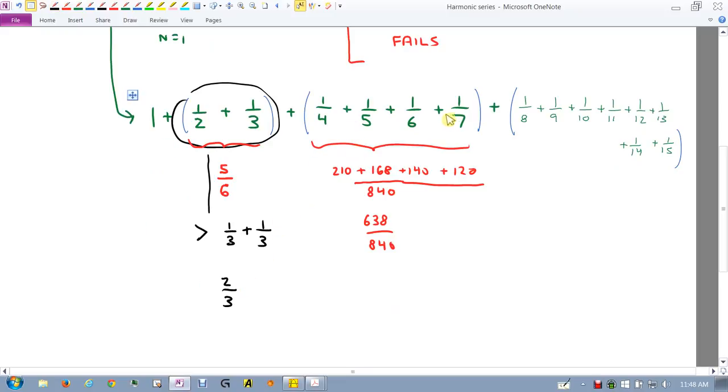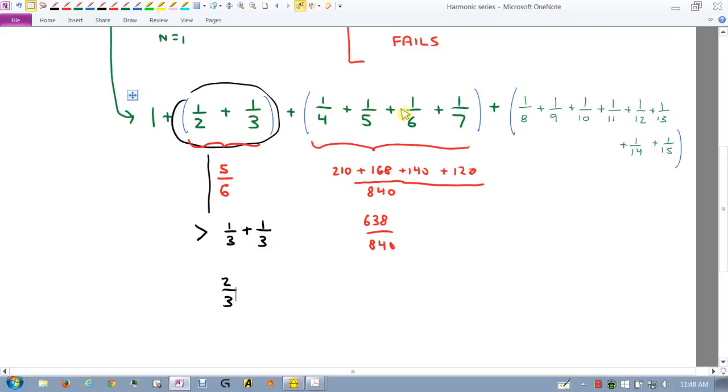How about these together? What can you say that this is bigger than? 1/4. Is 1/4 bigger than 1/7 or smaller?